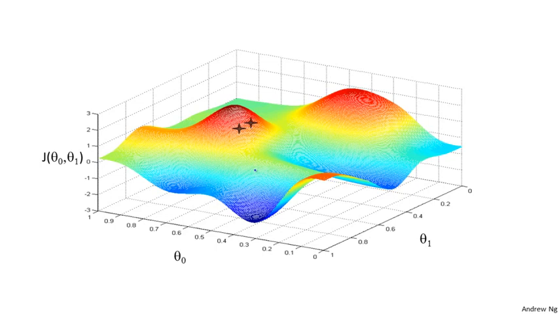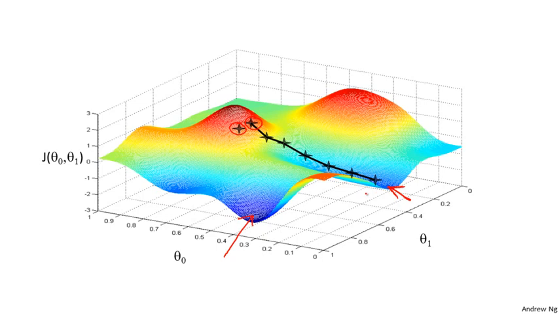If you were to repeat this process, start from that point, look all around, take a little step in the direction of steepest descent, then look around, take another step, and so on, gradient descent would have taken you to this second local optimum over on the right. So if you had started at this first point, you would have wound up at this local optimum, but if you started at a slightly different location, you would have wound up at a very different local optimum. And this is a property of gradient descent that we'll say a little bit more about later.